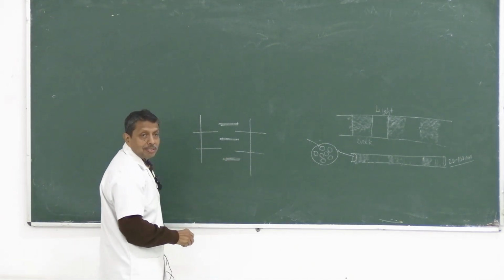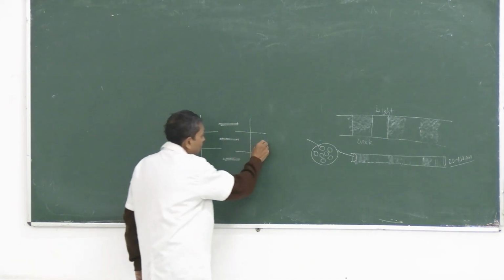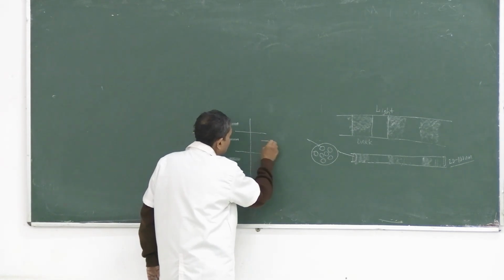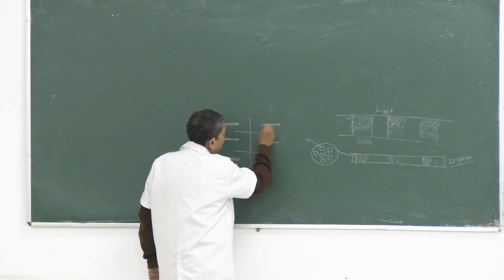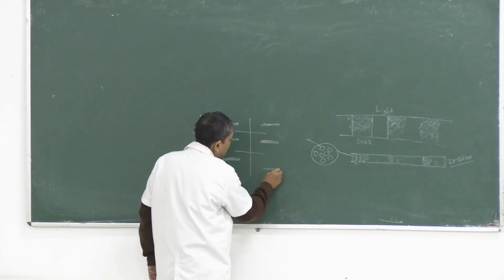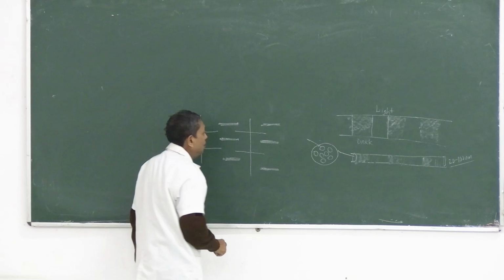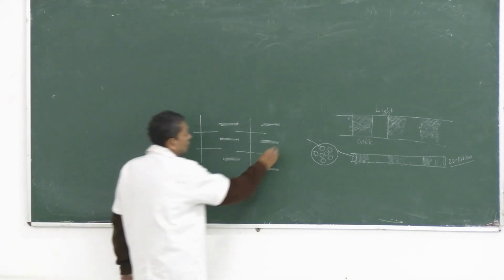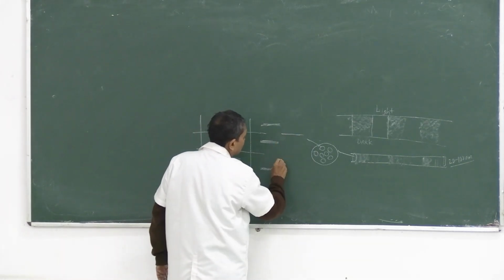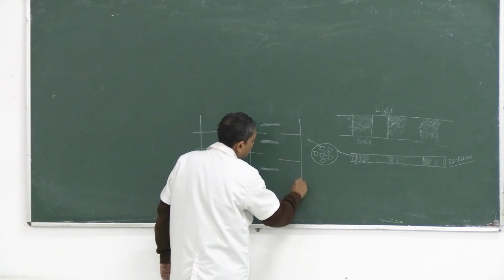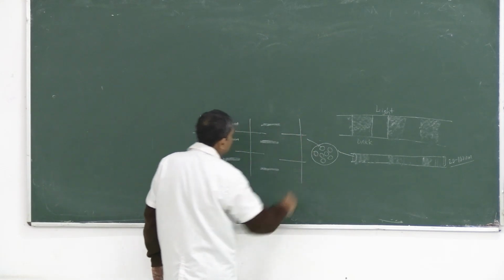These are thin filaments. On this side also, there is the thick filament. They are arranged in this way.